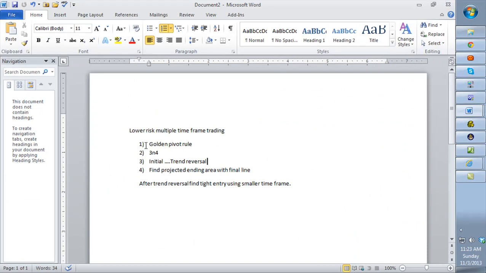We're going to take a look at lower risk using multiple time frame trading. Real easy. And to understand, you might want to review the golden pivot rule. If you don't, not a big deal. But you all know the 3 and 4 setup method, and then right after that you have your initial trend reversal line.